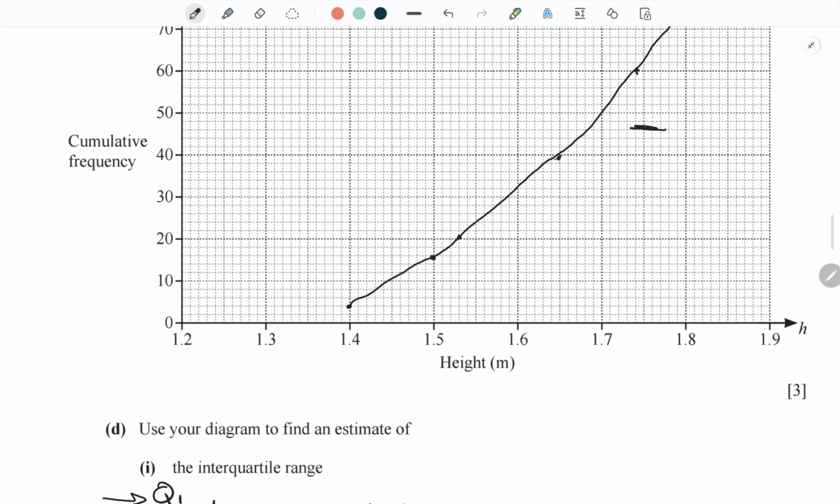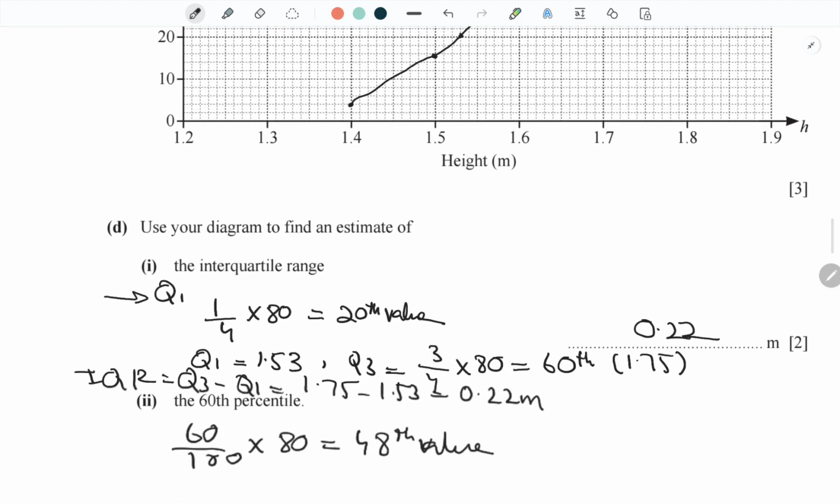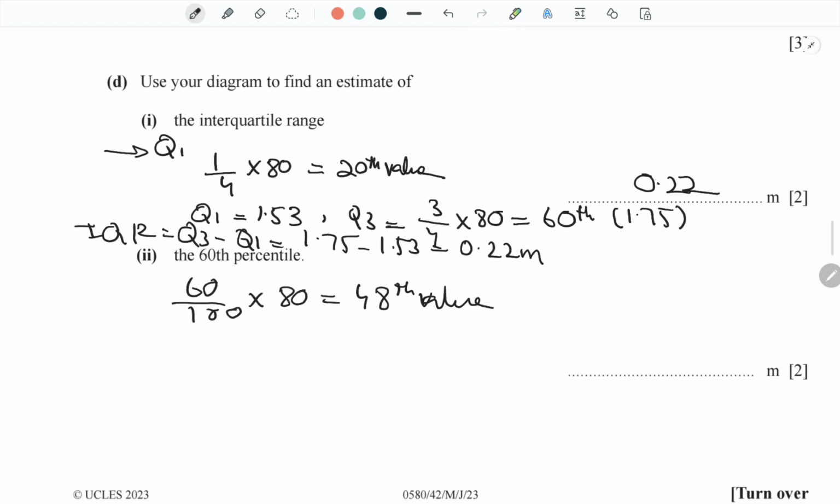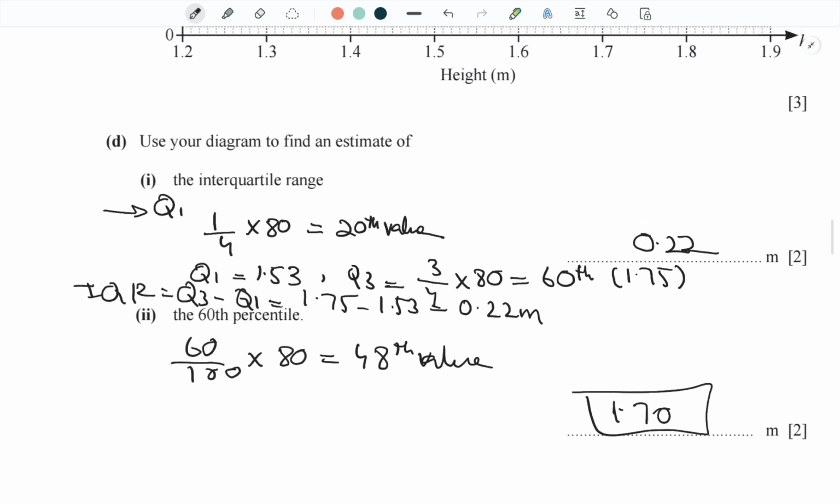So the value is approximately equal to 1.70. Okay, so 1.70 is the answer. When you draw the graph from the measurements, you will see more accurately what the answer is. So this question is finished here.